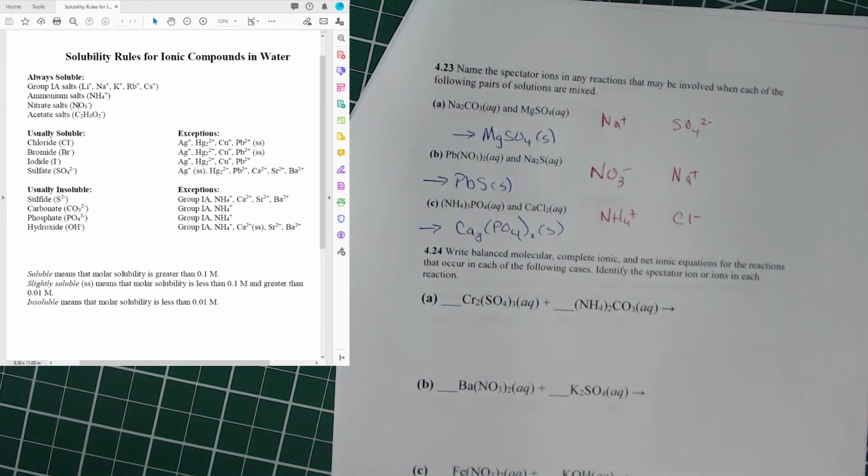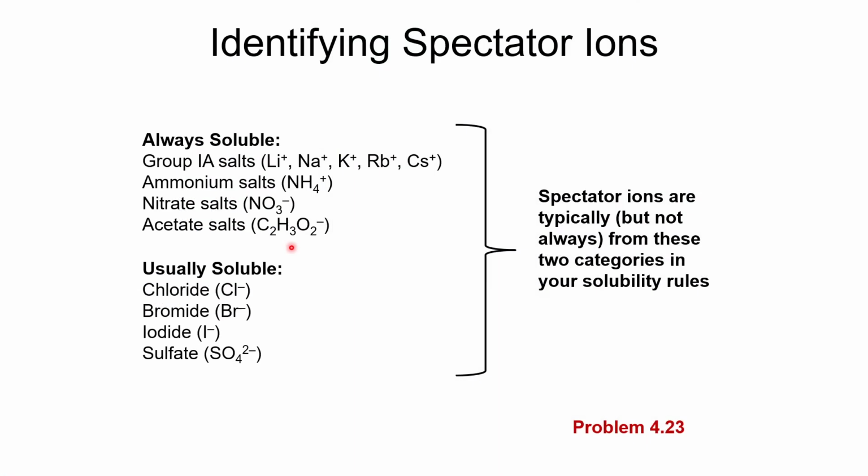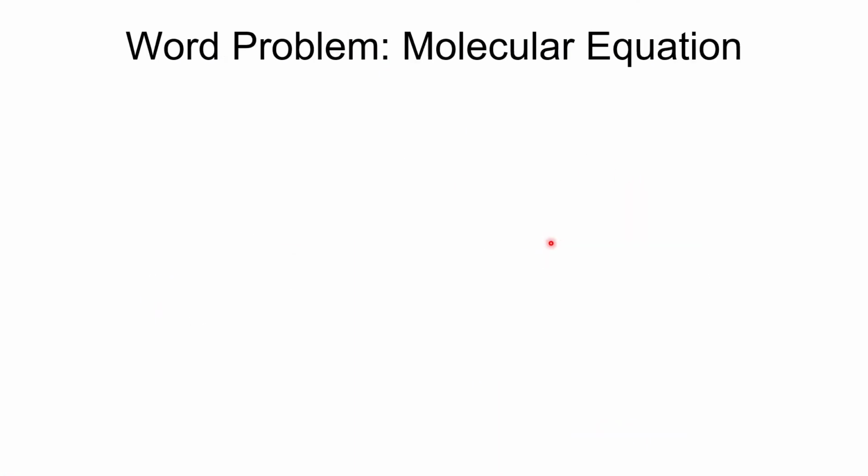Okay, so we're going to go back and look at the problems. And I've got one more that I want to look at before we tackle these precipitation reactions, on number 24.